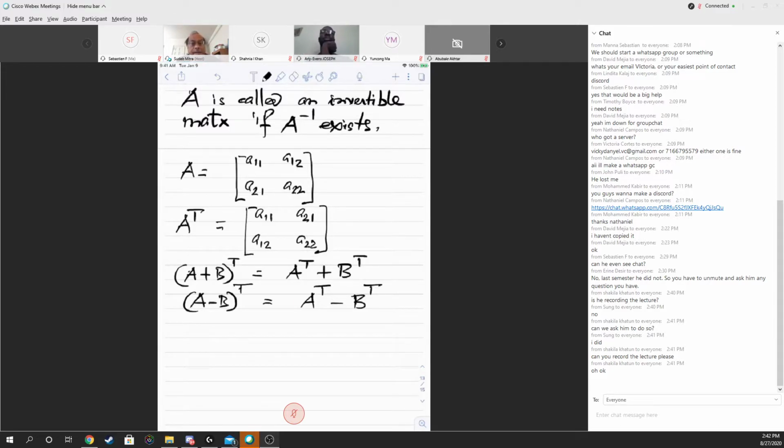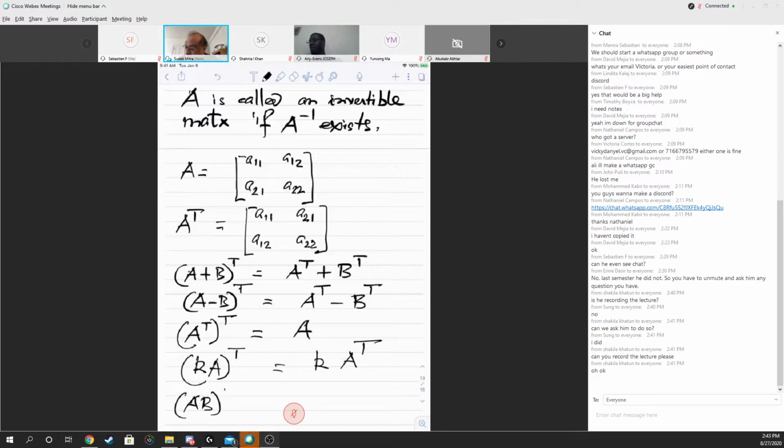Then A transpose transpose, everybody can understand that, that is A. K is a scalar, K A transpose, K goes out, A transpose. And this is the interesting thing: AB transpose is B transpose A transpose. You can easily check them.